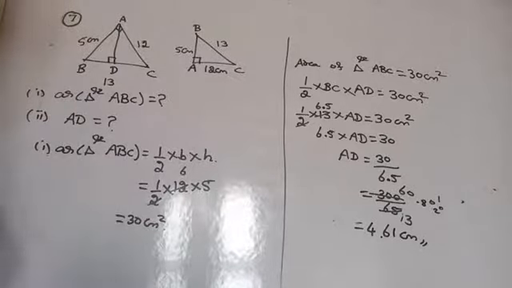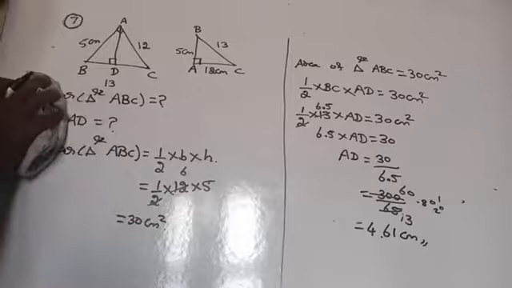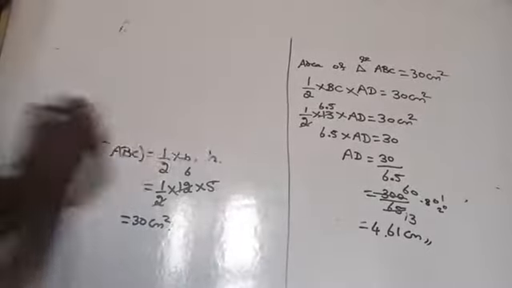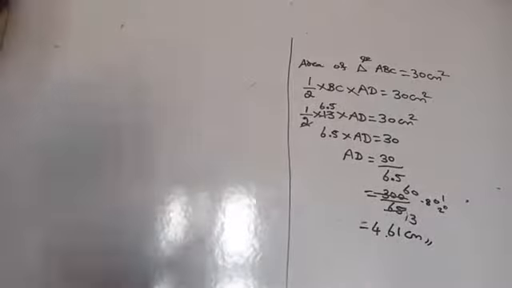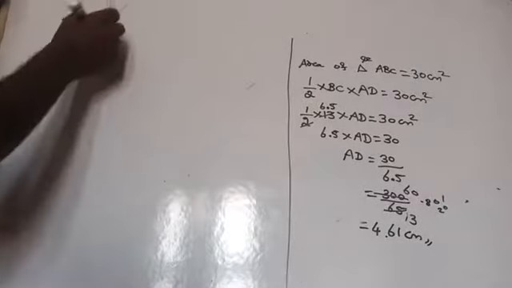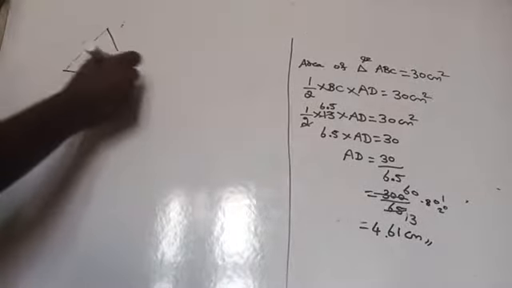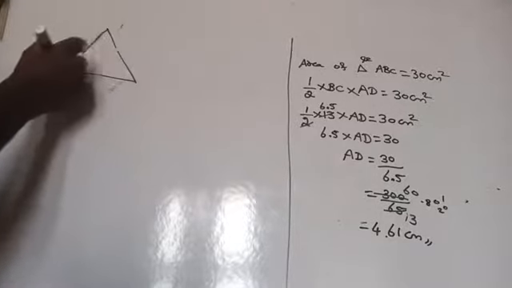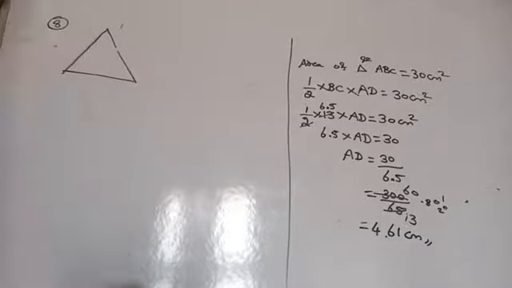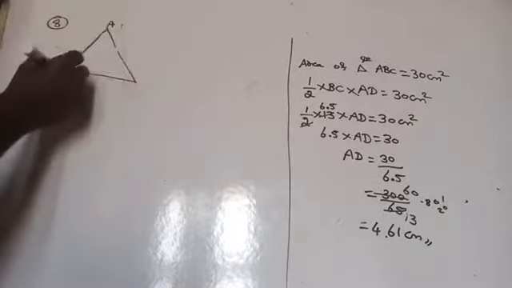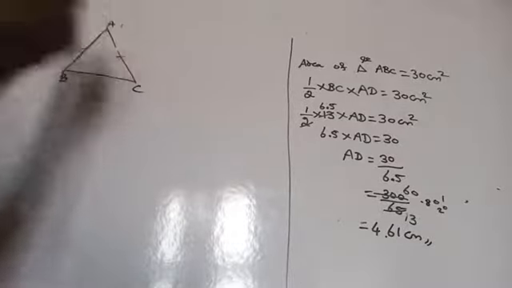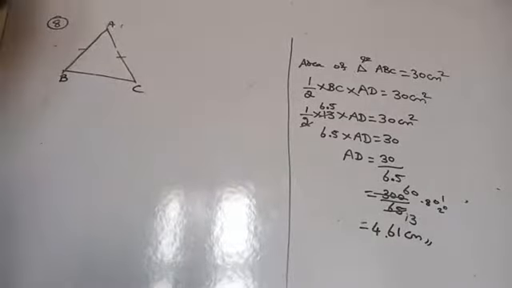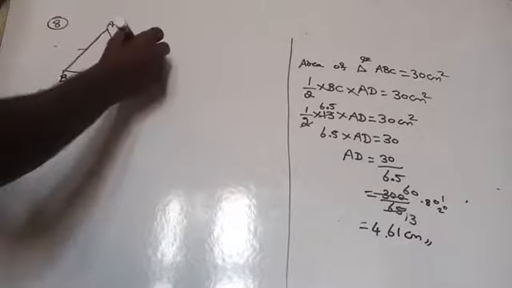ABC is an isosceles triangle. It is given ABC is an isosceles triangle in which AB equal to AC. AB equal to AC, 7.5 centimeter each.